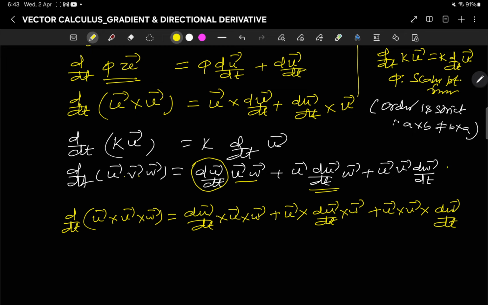So in the dot product, order doesn't matter. Here in the cross product, order matters, order is strict, we cannot reverse it as I mentioned.